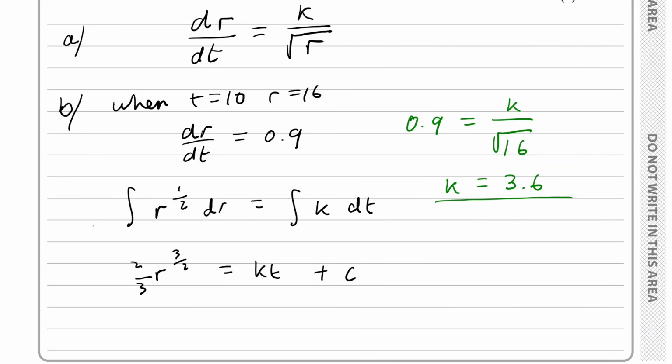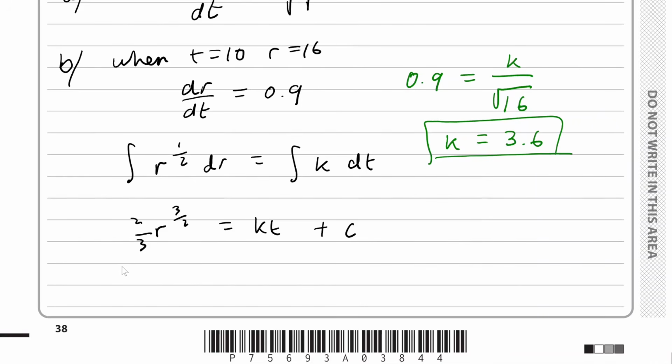So k is 3.6. And then we can substitute into our new one to find c. So 2/3 of r to the power of 3 over 2 equals 3.6 tens plus c.